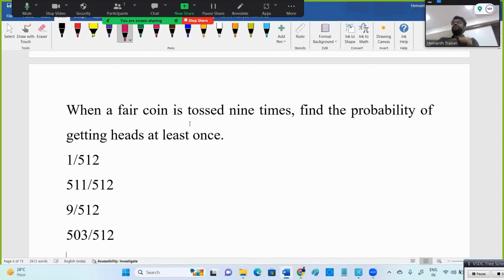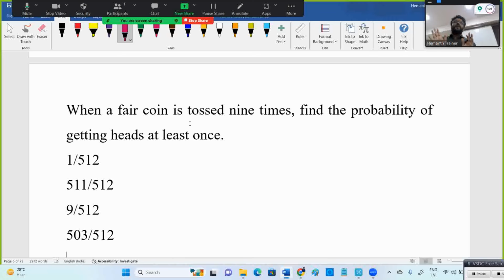Or else they asked one question in Infosys also. When you toss a coin and roll a die, what is the total number of outcomes? I am asking only the total, no need of 1 divided by.